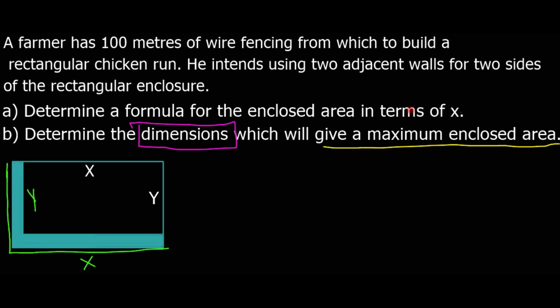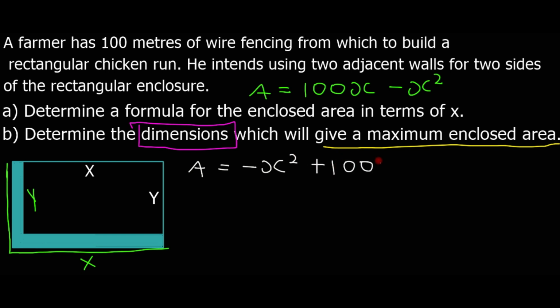Remember that what we found is that our area is 100x and then minus x squared. So we say we have area equal to minus x squared and then plus 100x.